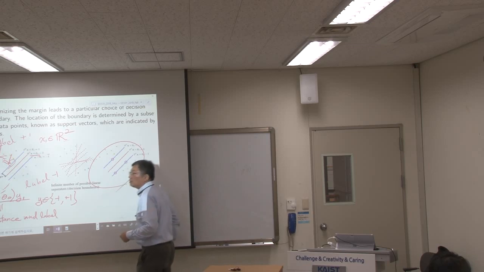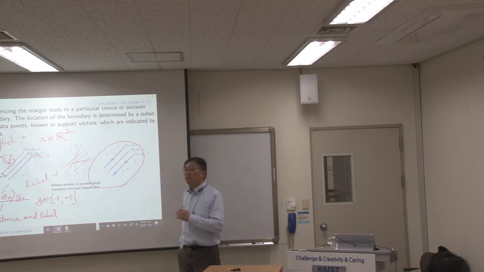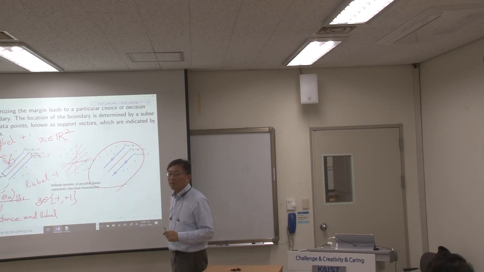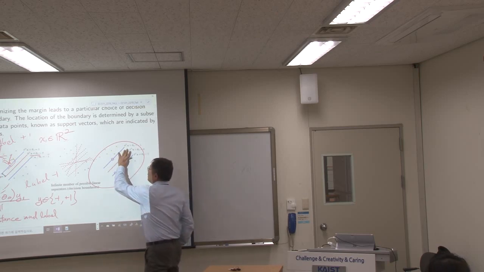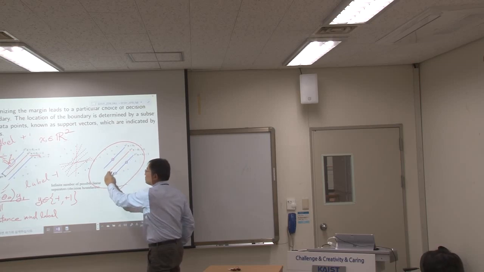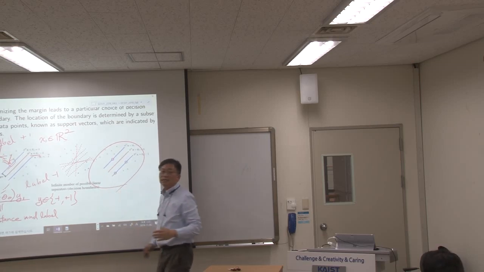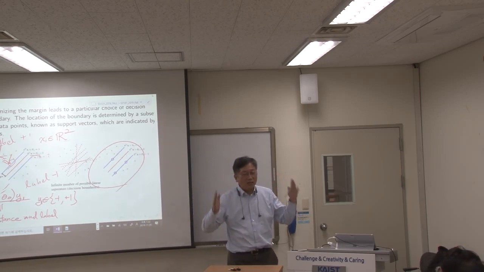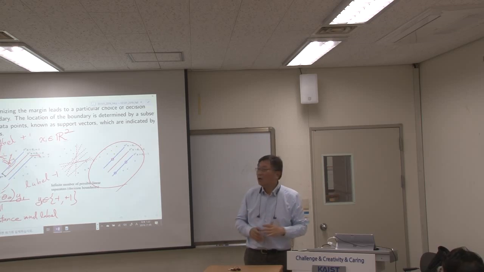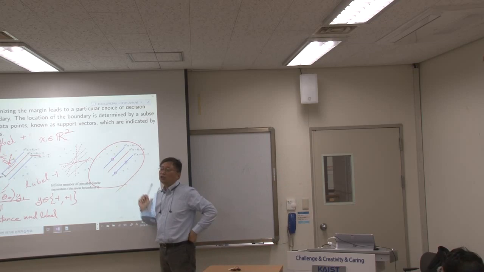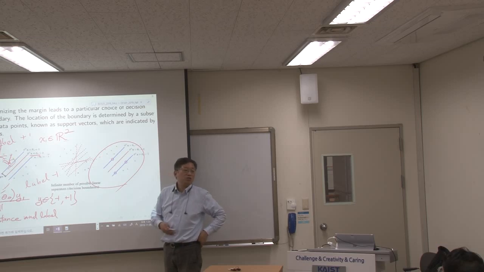So let me just reiterate. Support vector machine is a linear classifier. Okay? It's labeling it either +1 or -1. And it's a linear classifier, so the decision boundary is a linear line. And it's a decision boundary with the largest geometric margin.